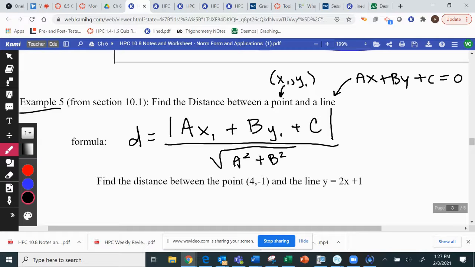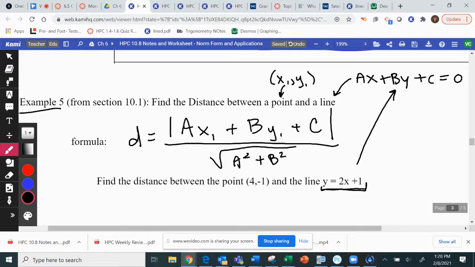How? Jack, how can I change the form y equals 2x plus 1 into the form that I need? I'm asking, how can I make this equation look like it's in that form? I think you're thinking way too hard about it.